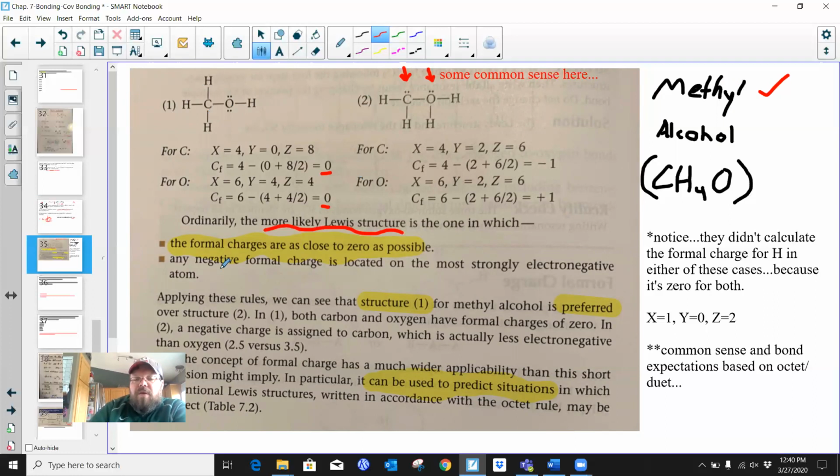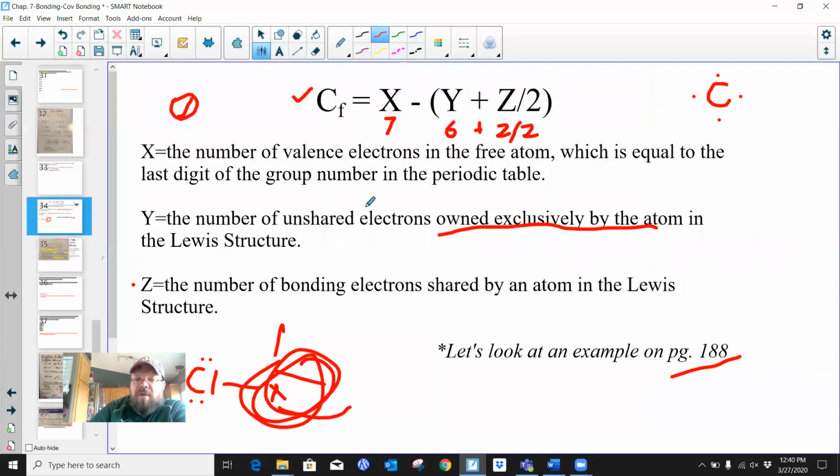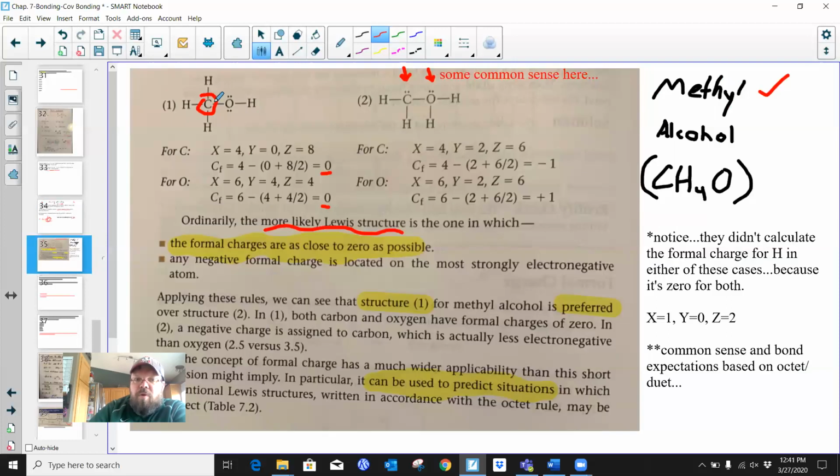As we're looking at this, we calculate the formal charge for the carbon in this example. The X value, the number of electrons in a free atom of carbon, is 4. The Y value, the number of unshared electrons owned exclusively by the atom: carbon doesn't own any unshared electrons, so it's 0.